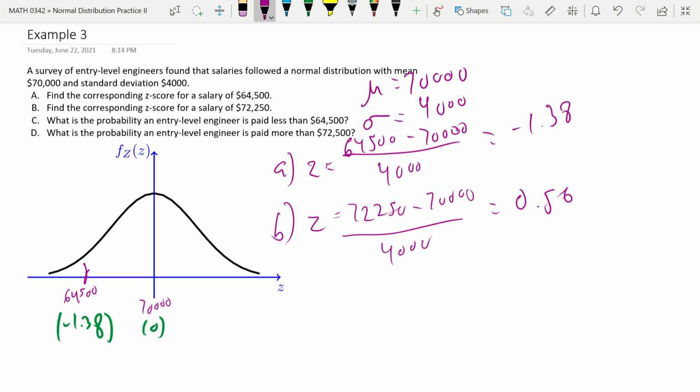All z-scores are in two decimal places. So this one goes here. This is 72,250, and that corresponds to a z-score of 0.56. And so now we have two different bands here.